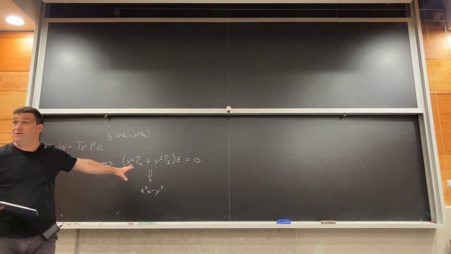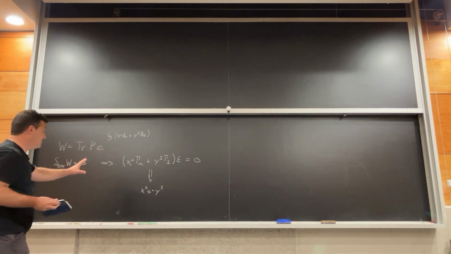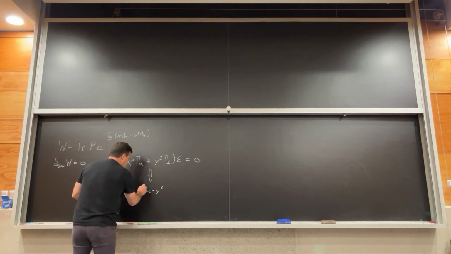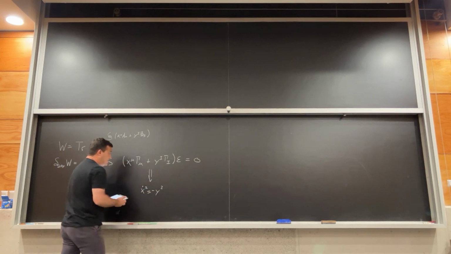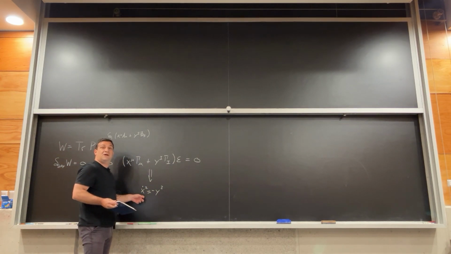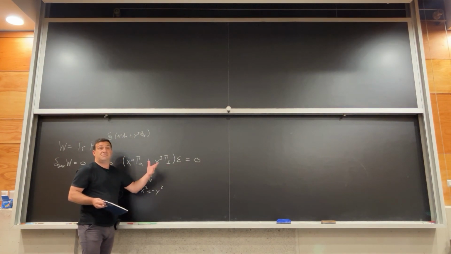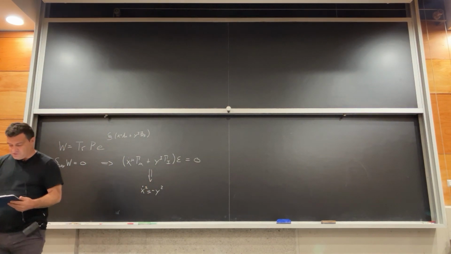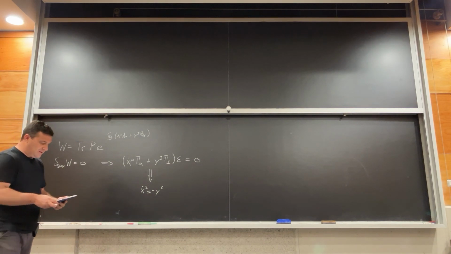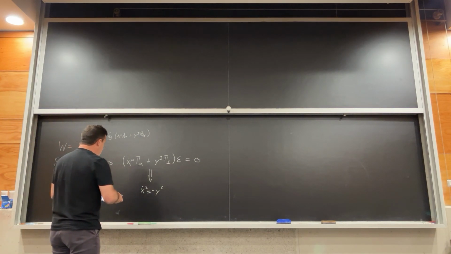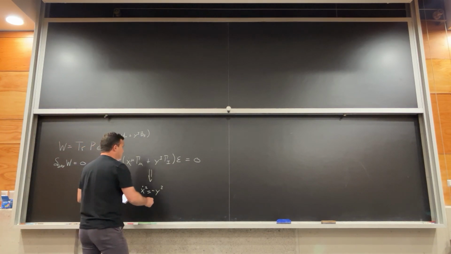But really, that's the condition. Maybe this is simpler. So this tells me basically that x dot has to be time-like, because this vector is a vector in R6. Its norm is always positive. So that's the idea.